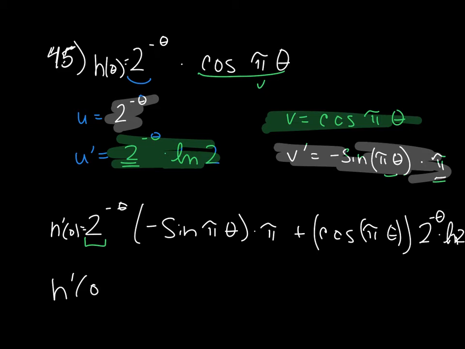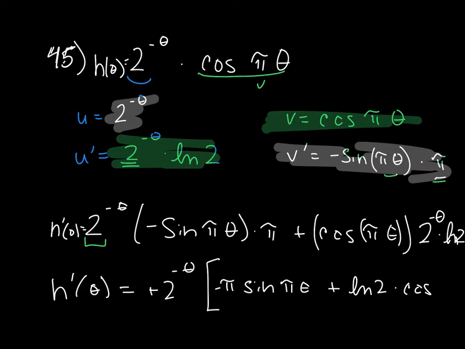So the derivative of that would just equal positive 2 to the negative theta. And I'm going to pull the pi out front, so that would be negative pi sine of pi theta plus the natural log of 2 times cosine of pi theta.